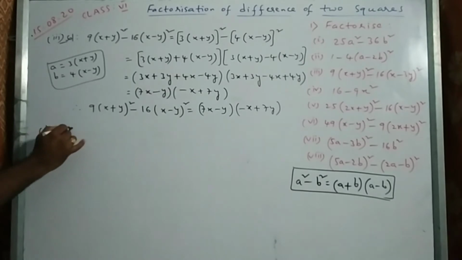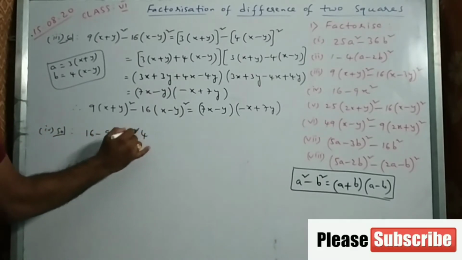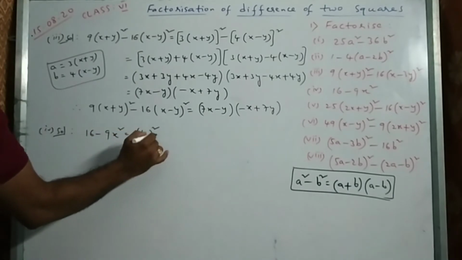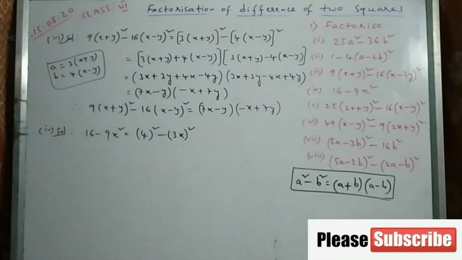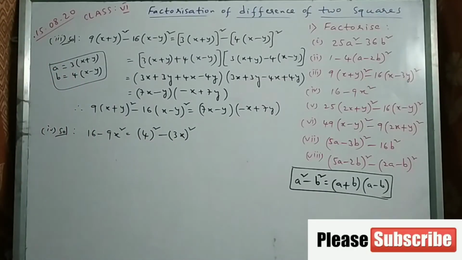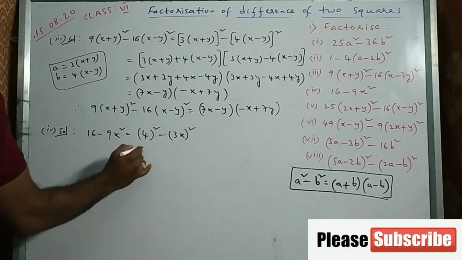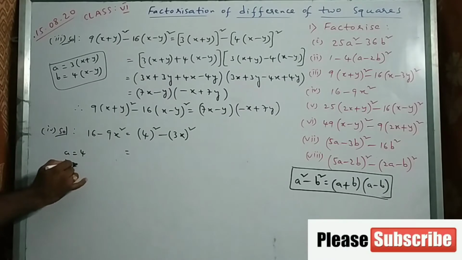Fourth solution, 16 minus 9x square. How can I write 16 here? 4 square. 9x square means can I write 3x whole square? 3x whole square means 3x into 3x, 9x square. So it looks like a square minus b square, a value 4 and b value 3x.